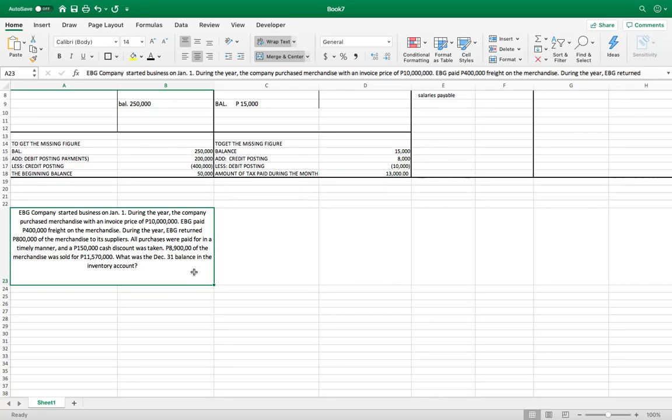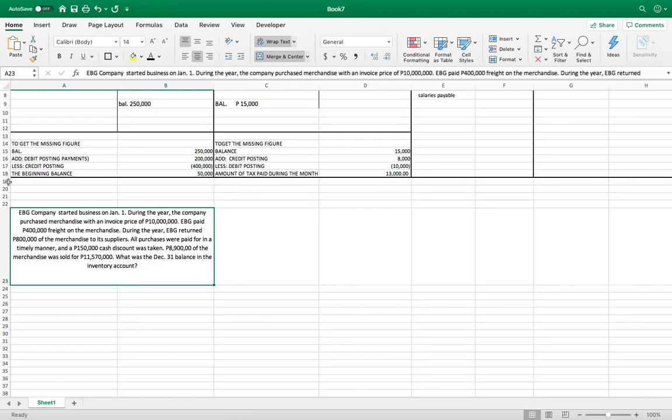During the year, EBG returned 800,000 of the merchandise to its suppliers. All purchases were paid for in a timely manner and 150,000 cash discount was taken. 8,900,000 of the merchandise was sold for 11,570,000. What was the December 31 balance in the inventory account?